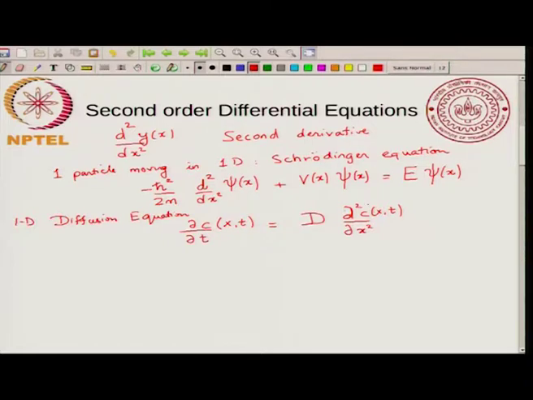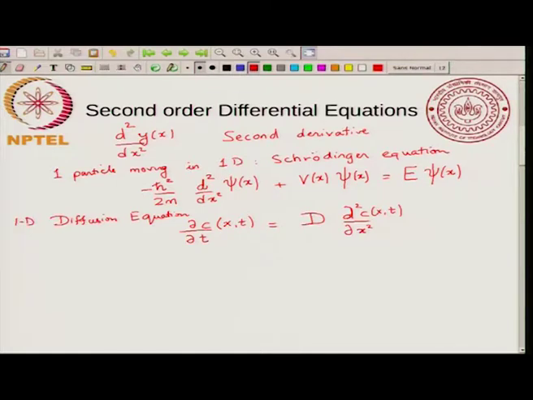The highest derivative of c with respect to x that appears is second order. This is actually a second order partial differential equation, and the highest partial derivative with respect to t that appears is first order. So, this is one example.